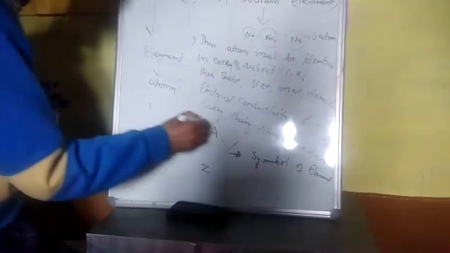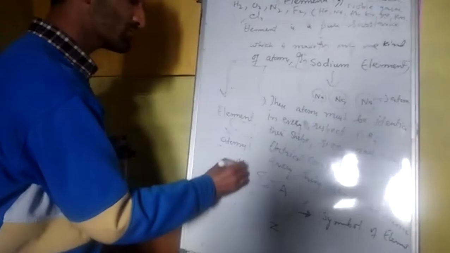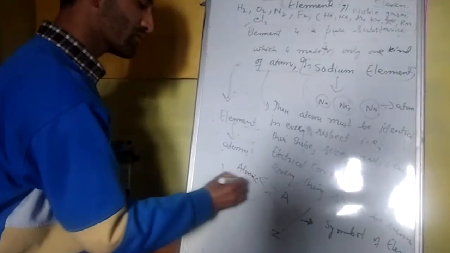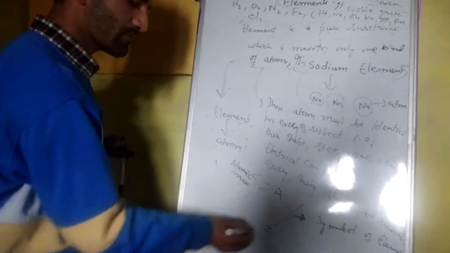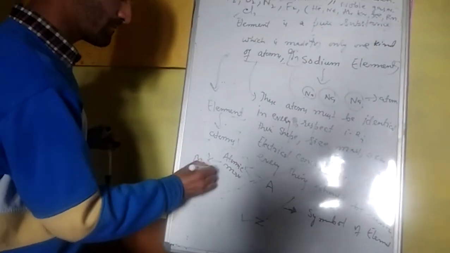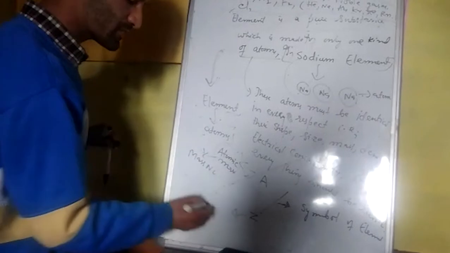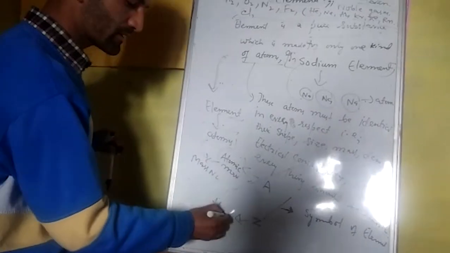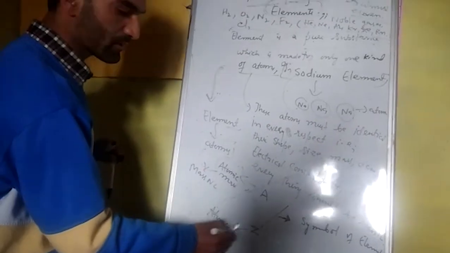A represents atomic mass, and we also call it mass number. And Z represents atomic number. This is the representation of an element.